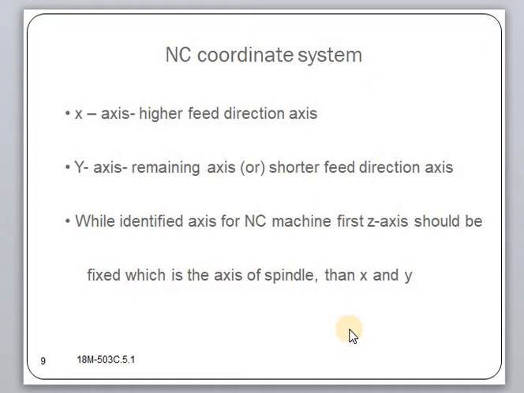On machines with rotating tools, if the Z-axis is horizontal, the positive X motion is to the right when looking from the spindle to the workpiece. If the Z-axis is vertical, the positive X motion is to the right when looking from the spindle to the column. On machines with non-rotating workpieces and non-rotating tools, the X-axis is parallel to and directed toward the principal cutting direction.